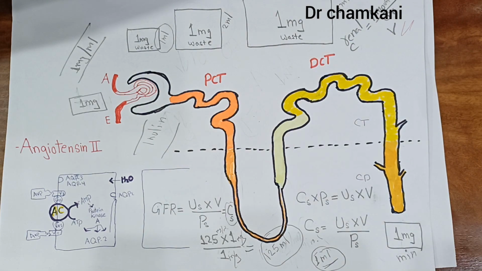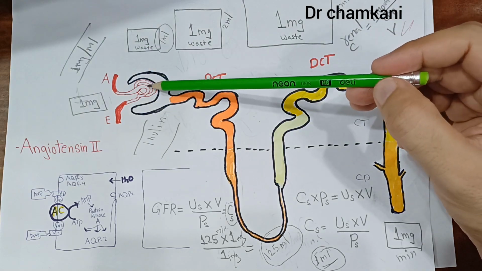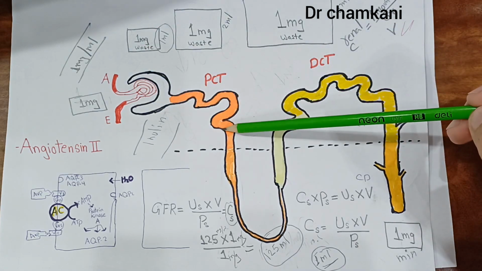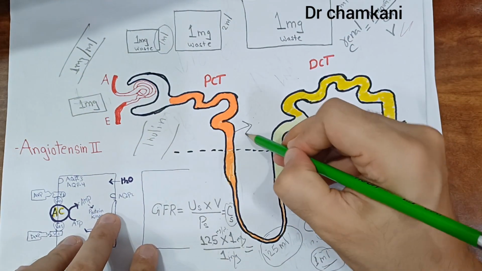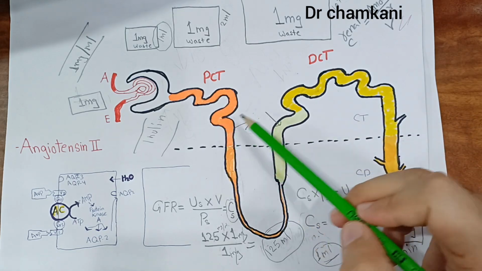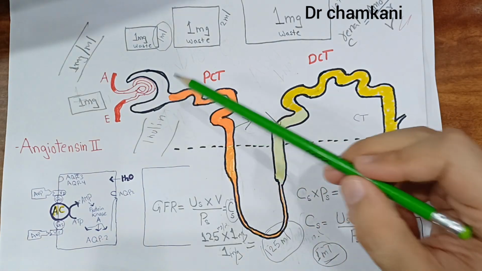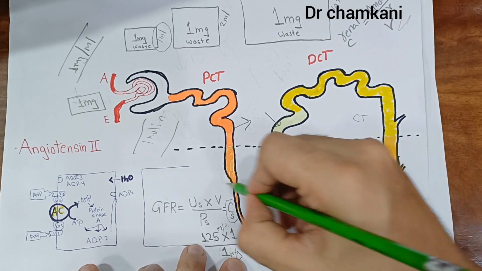This is the renal clearance concept. But if a substance gets filtered and neither gets reabsorbed nor excreted into the tubule, then such a substance has a clearance equal to the GFR.